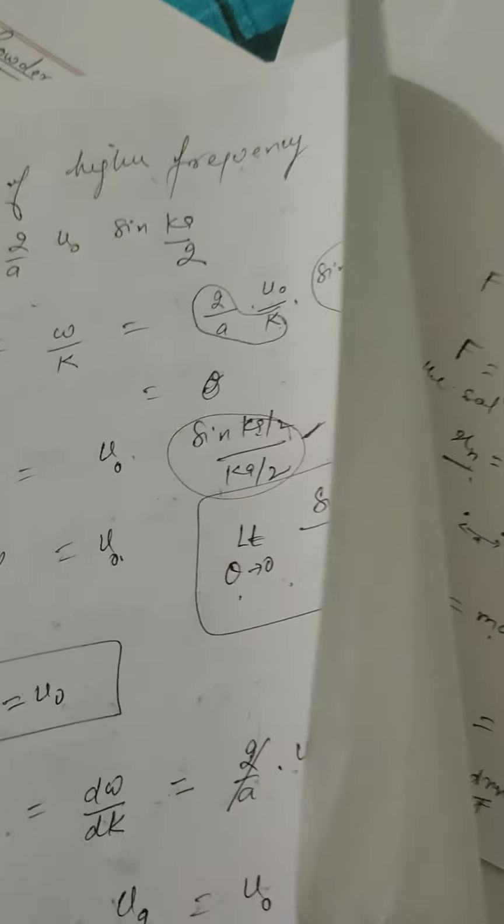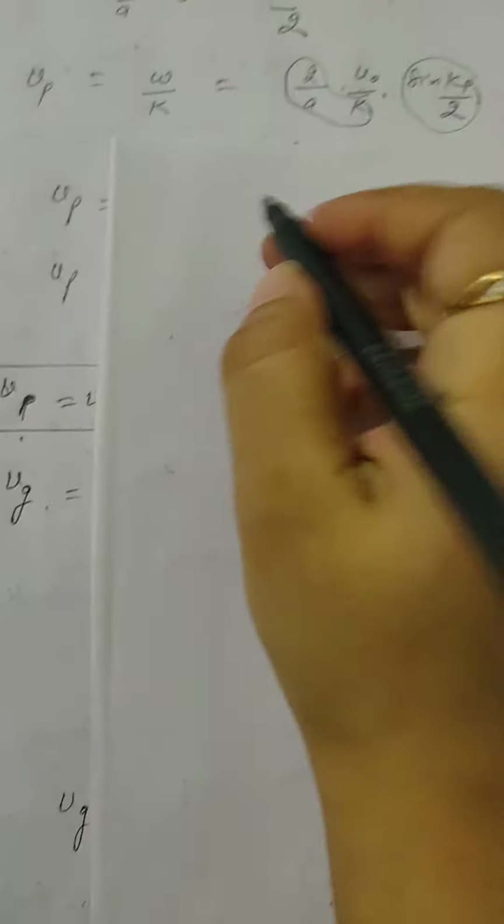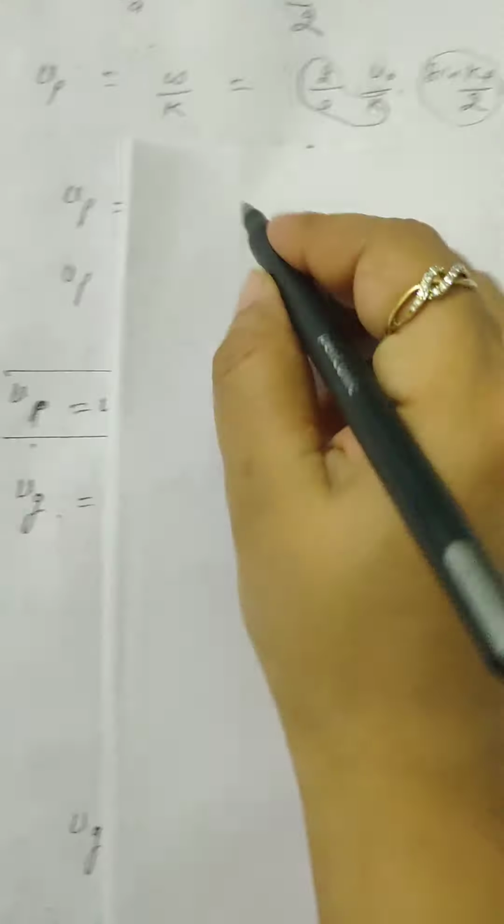Similarly, let us look at lattice vibration for a diatomic molecule. The last topic was for a monoatomic, single atom, but if I consider an NaCl crystal, the atoms are of sodium and chlorine, so it will form a diatomic molecule.